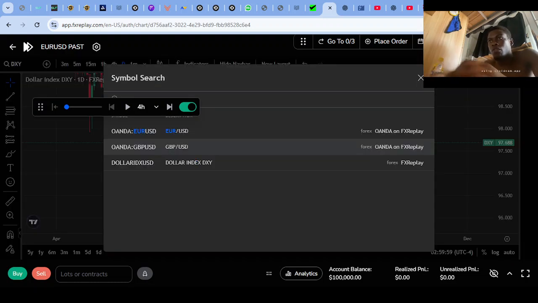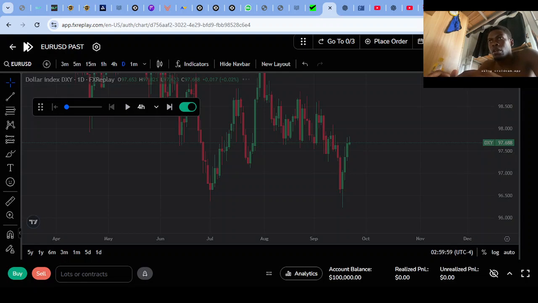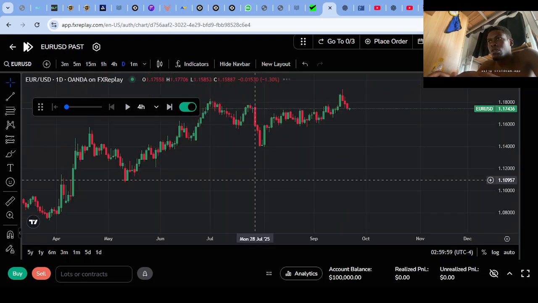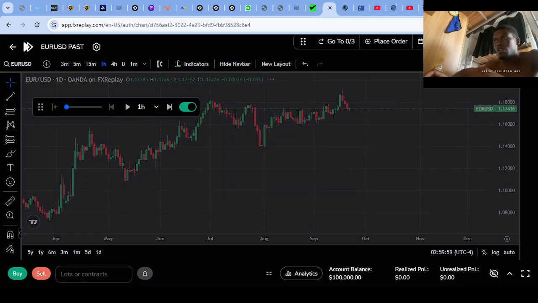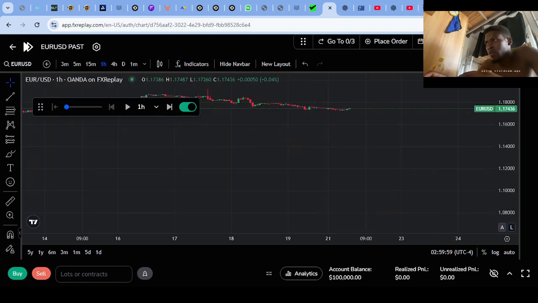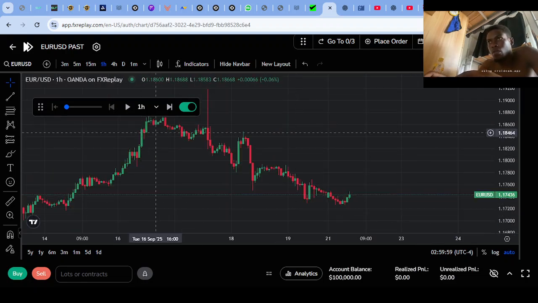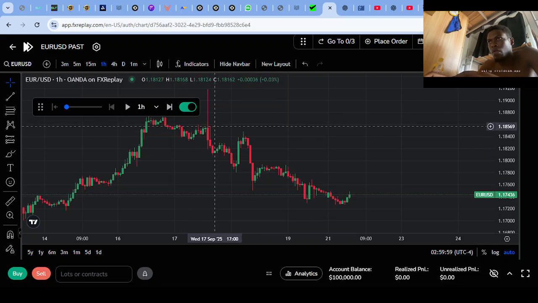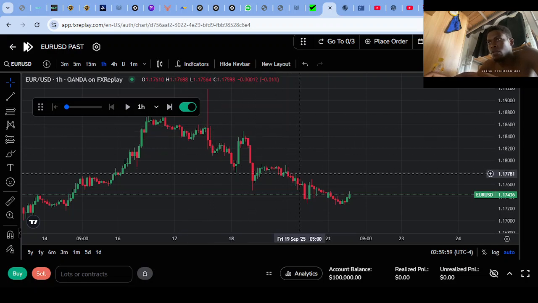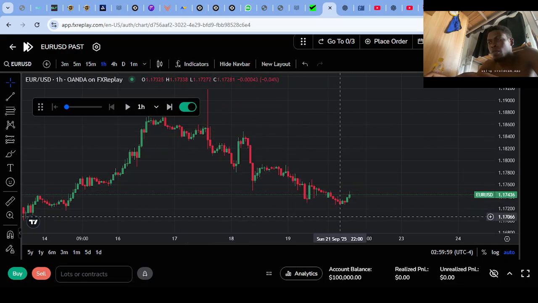So if we go over to Euro USD and go to the 1 hourly time frame, we can see that price has been going down, making lower lows, lower highs, lower lows.